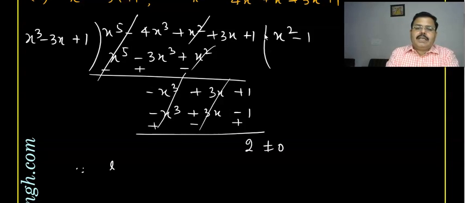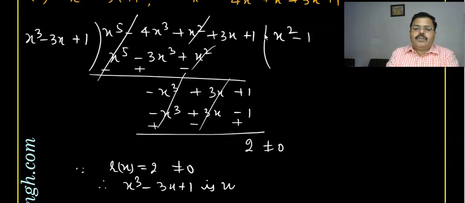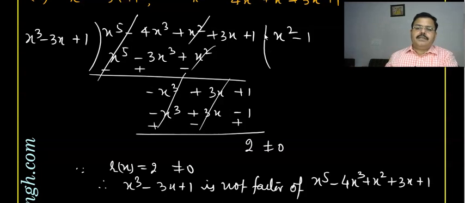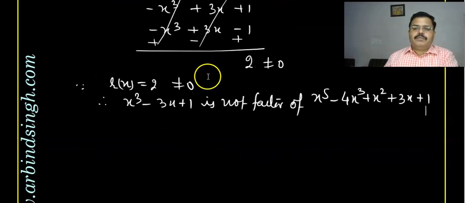So since here the remainder is 2, which is not equal to 0, therefore x cube minus 3x plus 1 is not a factor of x5 minus 4x cube plus x square plus 3x plus 1, right? It is not a factor of this.